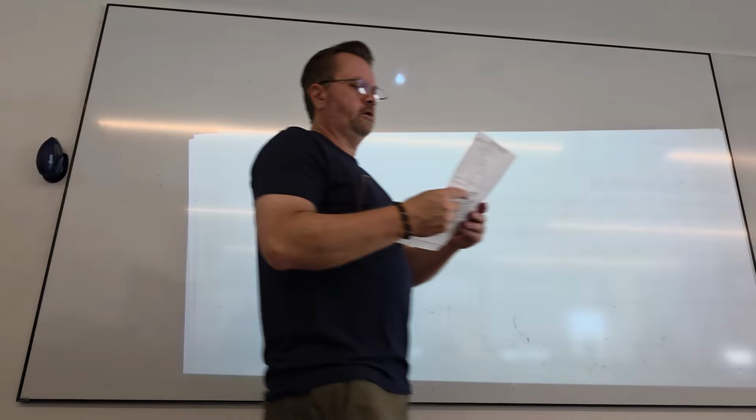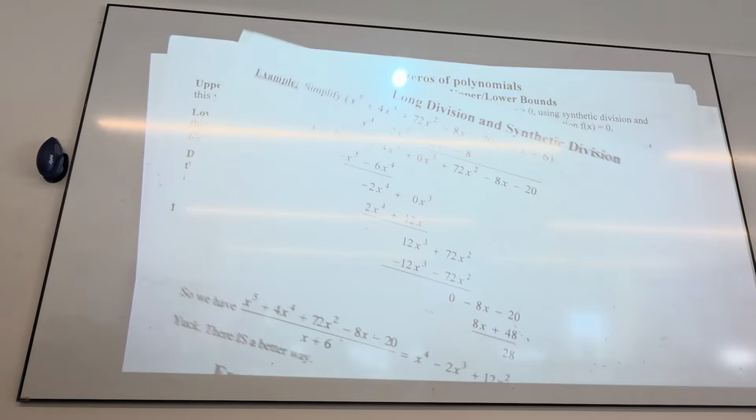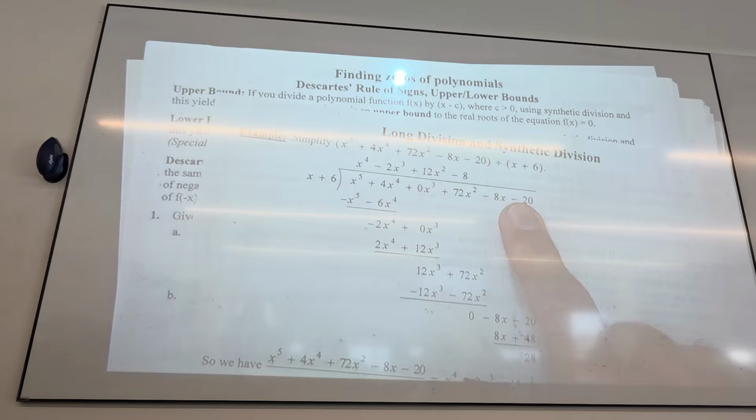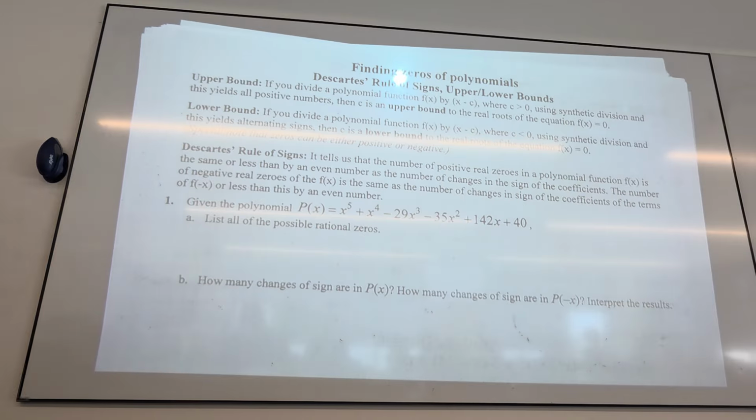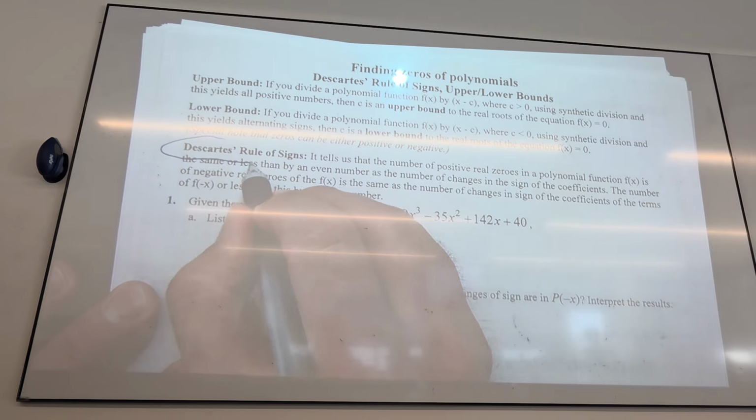Okay. Let me talk about the other thing that I think you'll like a little bit better. Here, on the other side of your synthetic division, there's this. So right here is Descartes' rule of signs.